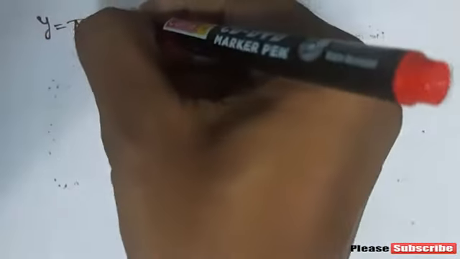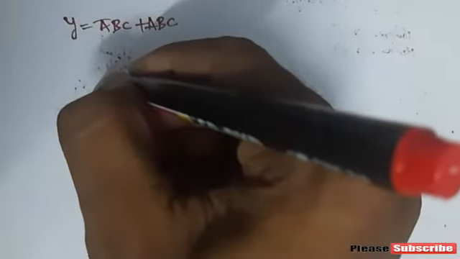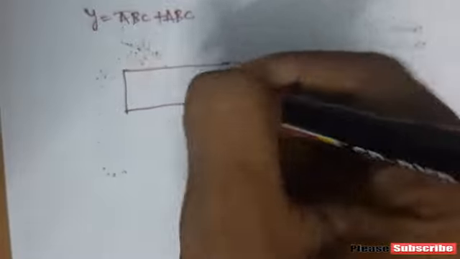Let's see another example. Y is equal to A bar BC plus ABC. Okay, let's see the K-map. 3 variables, that means 8 cells.